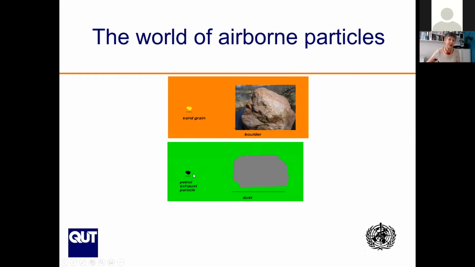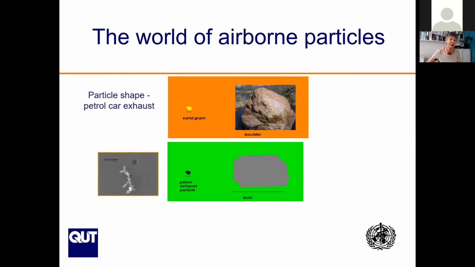If we want to measure petrol exhaust particles or any other particles from any other combustion, we would need different techniques than measuring dust. Even so, both types of particles are in the air. Now, just to give you an idea about particle shape, and this is in terms of petrol car exhaust particles we don't see.